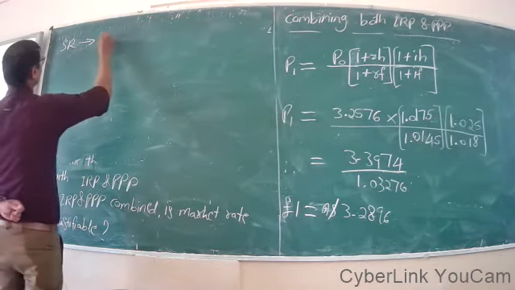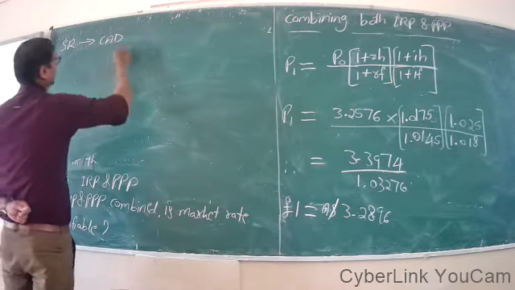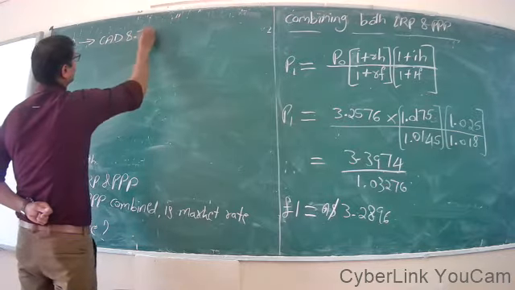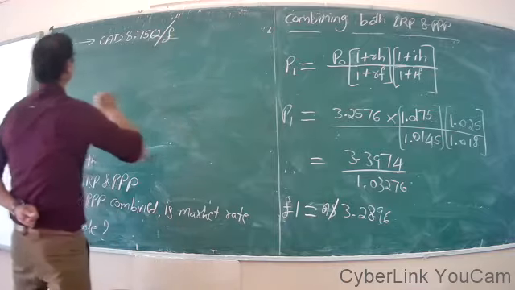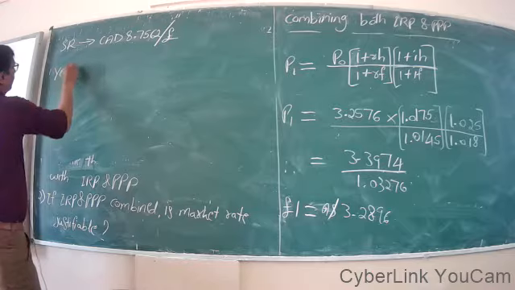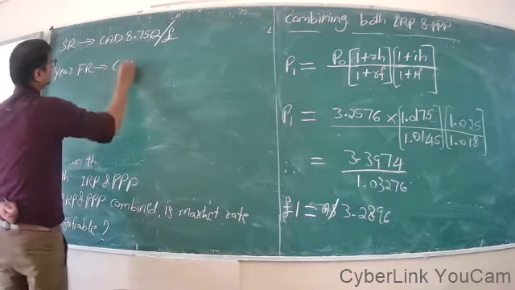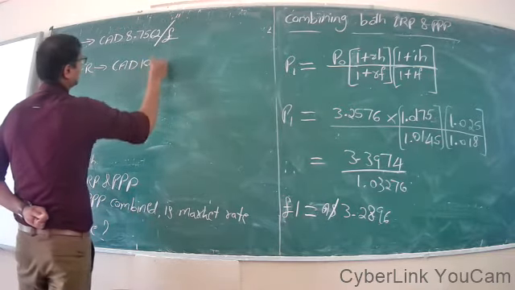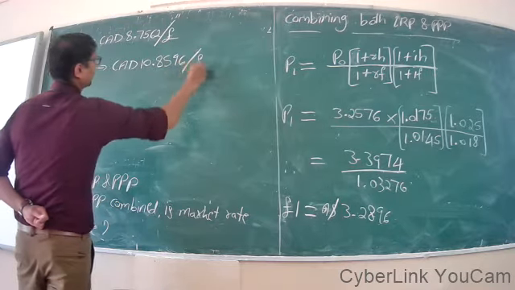Spot rate: Canadian dollar 8.7562 per sterling pound. 1 year forward rate: Canadian dollar 10.8596 per sterling pound.